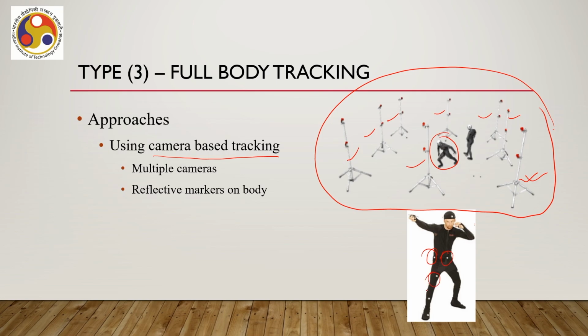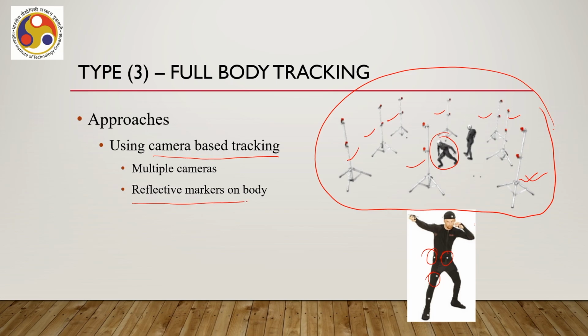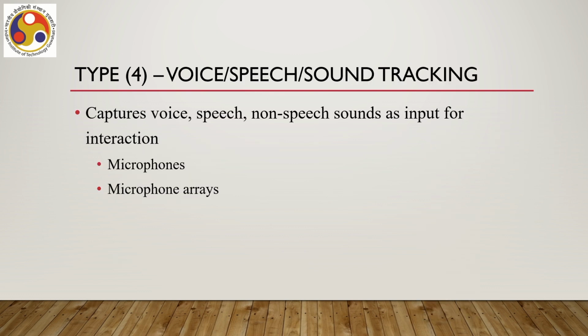The cameras can detect the movement of the markers and based on that can infer the overall body movement of the character. Typically reflective markers are used and there are multiple cameras. An example of such a system is OptiTrack, or even Microsoft Kinect can be considered an example of such a camera based full body tracking system. So, there are broadly two approaches for full body tracking, mocap and camera based tracking.